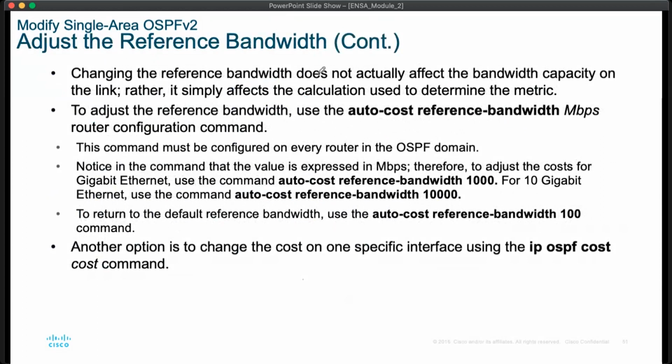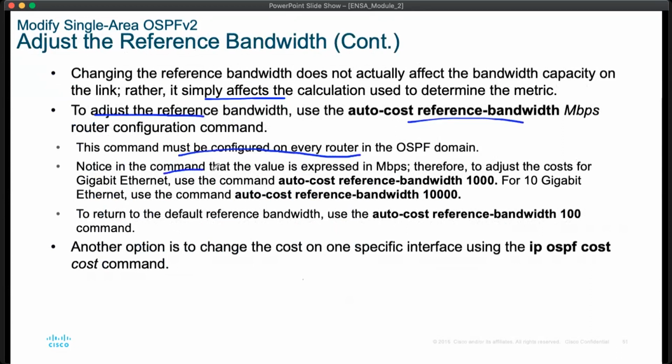Changing the reference bandwidth does not actually affect the bandwidth capacity on the link. Rather, it simply affects the calculation used to determine the metric. To adjust the reference bandwidth, use the auto-cost reference-bandwidth megabits-per-second router configuration command. This command must be configured on every router in the OSPF domain.